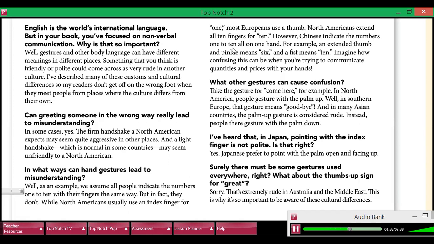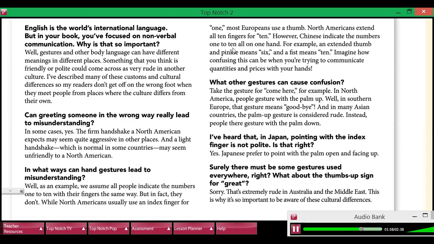For example, an extended thumb and pinky means 6, and a fist means 10. Imagine how confusing this can be when you're trying to communicate quantities and prices with your hands. What other gestures can cause confusion? Take the gesture for come here, for example. In North America, people gesture with the palm up.